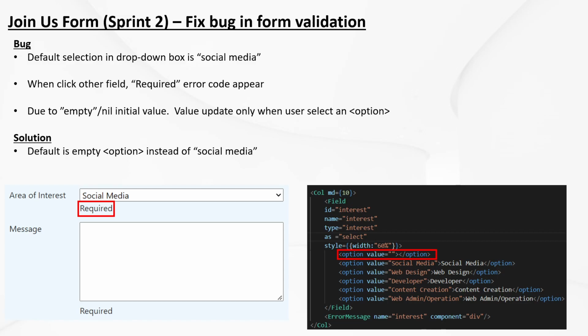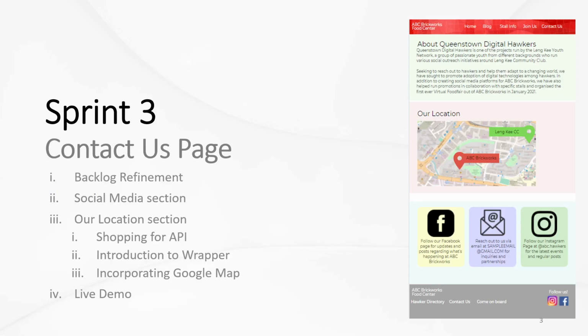This way, the user will be forced to click on the drop-down list because there's no option value in the area of interest field, and they have to select a value from it. With the bugs fixed, let's move ahead with Sprint 3.